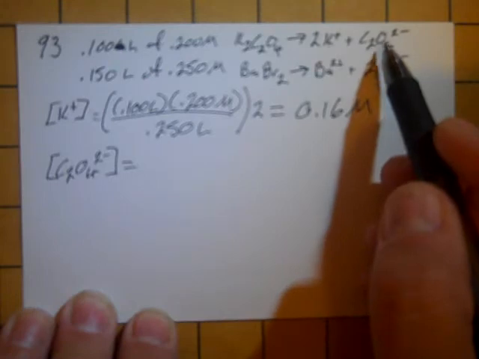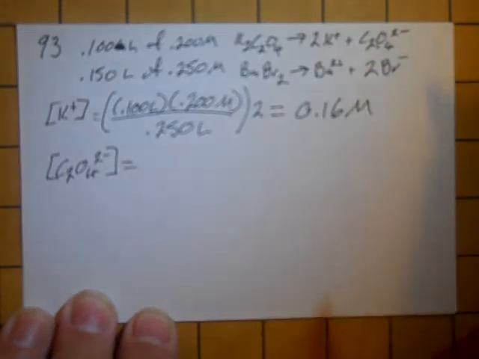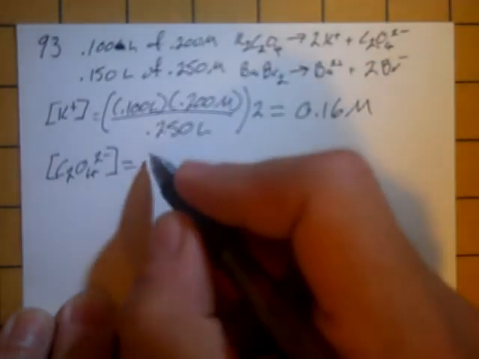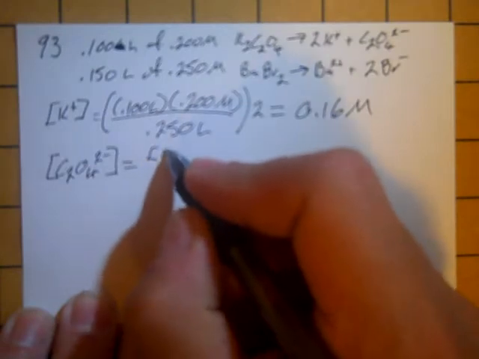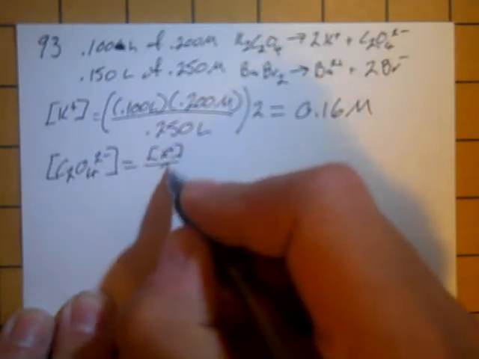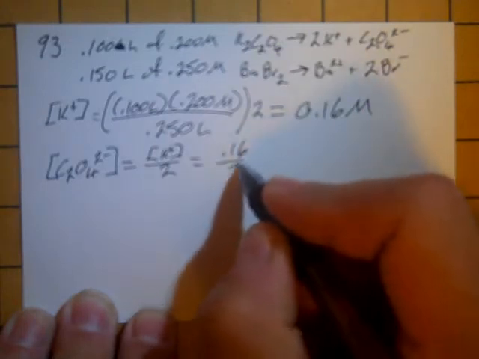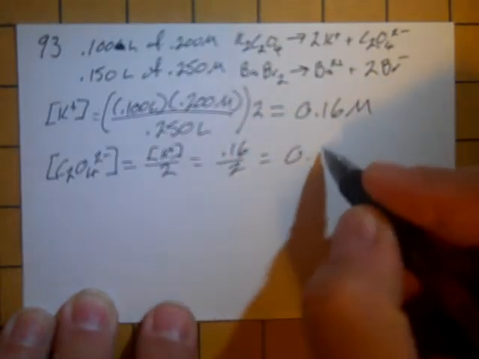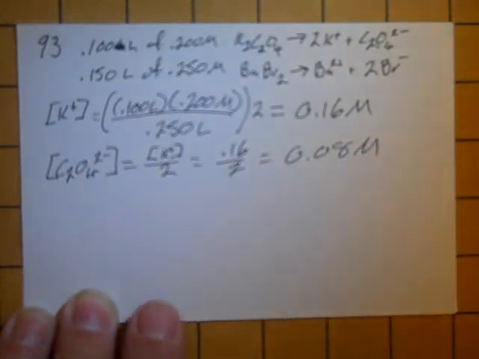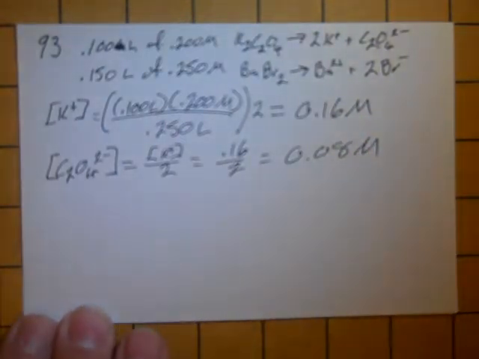Every 2 potassiums has 1 oxalate. So I can simply say that this is going to be the concentration of potassium ions divided by 2. That's 0.08 molar.